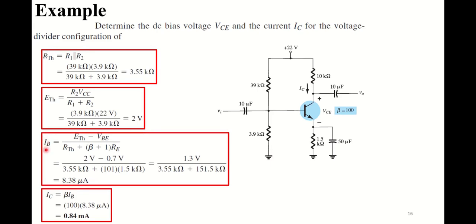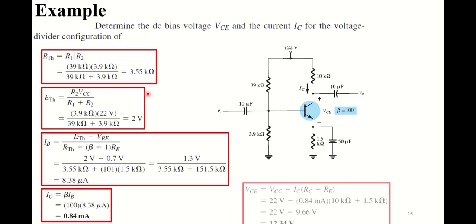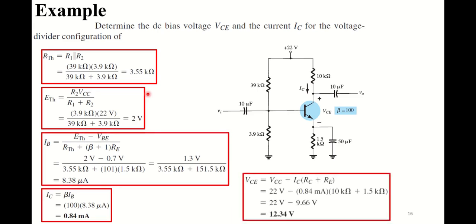In order to find the second quantity, VCE, all we need to do is apply KVL on the output loop of the given circuit. That gives us the equation VCE is equal to VCC minus IC times RC plus RE. By replacing the given values of all parameters, we get VCE is equal to 12.34 volts.